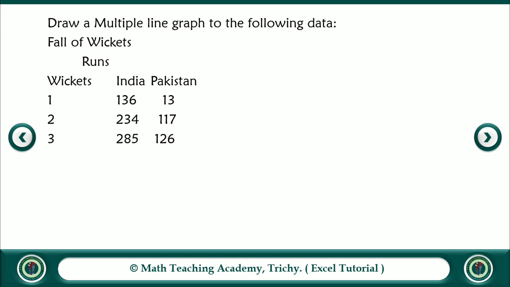Third wicket for India, the score is 285, for Pakistan 126. Fourth wicket for India at the score 298, for Pakistan 129. Fifth wicket for India 314, for Pakistan 129. Sixth wicket for Pakistan 165. This is the data. We have to create a line chart.